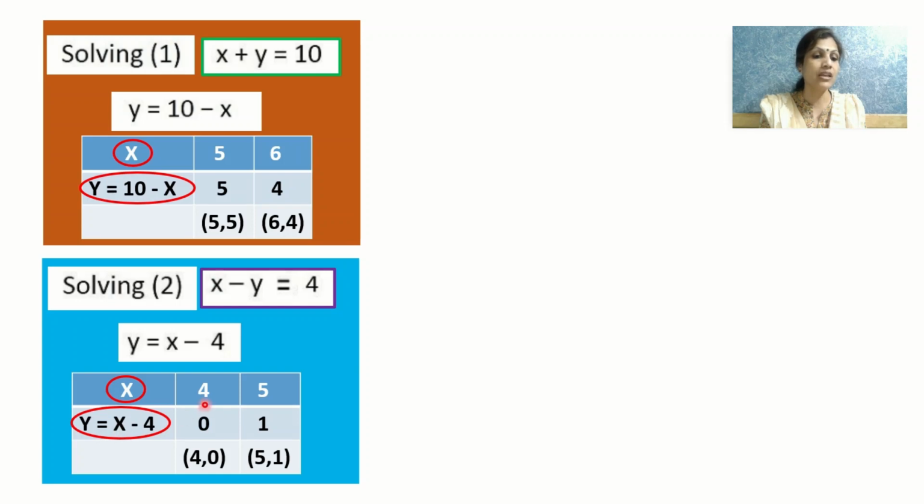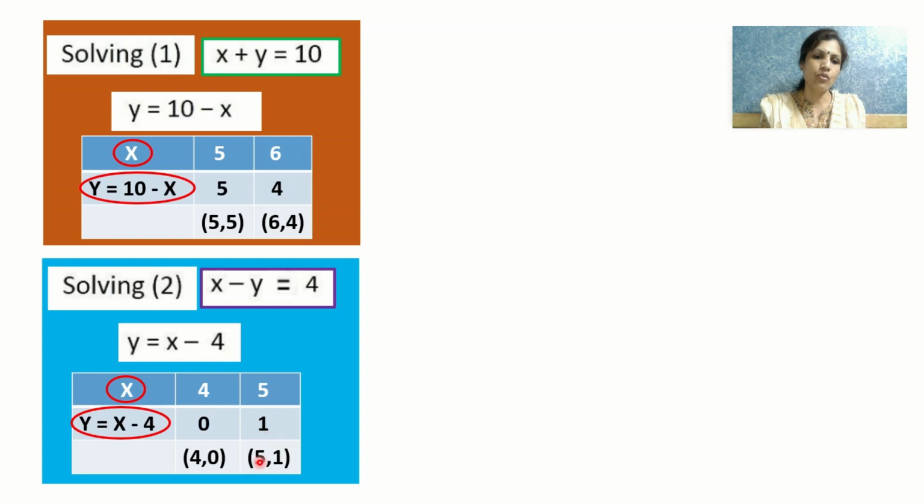We are substituting x is equal to 4 first. So by doing so, we get the value of y as 0. So our first coordinate is 4, 0. Now you have a choice of substituting the value of x of your choice. I have taken x is equal to 5. So by substituting the value of x as 5, we get y is equal to 1.